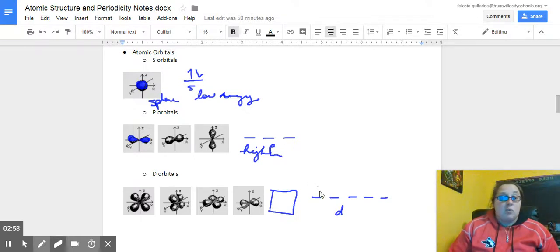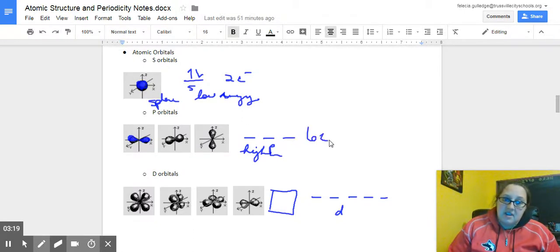And the reason why each of them gets this is because of the different planes that those electrons could actually reside in. S orbitals can hold 2 electrons. P orbitals can hold 1, 2, 3, 4, 5, 6 electrons, and d orbitals can actually hold 10 electrons.